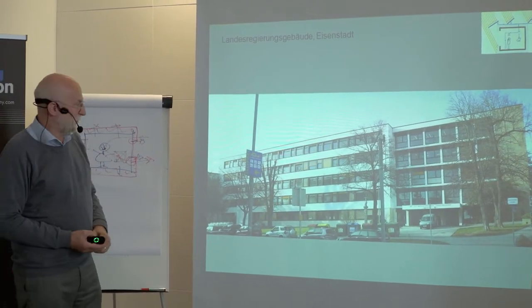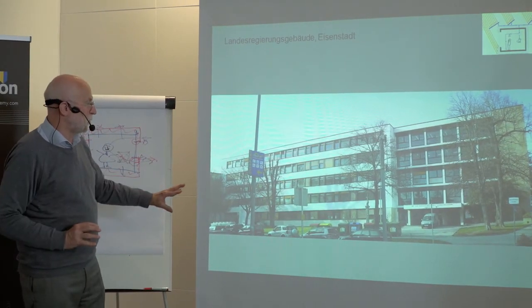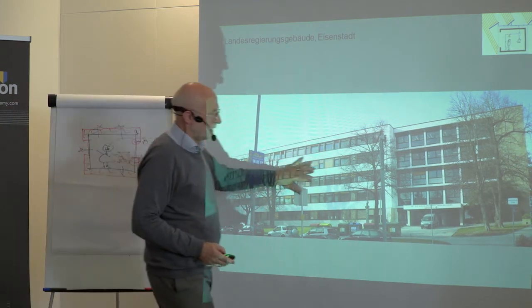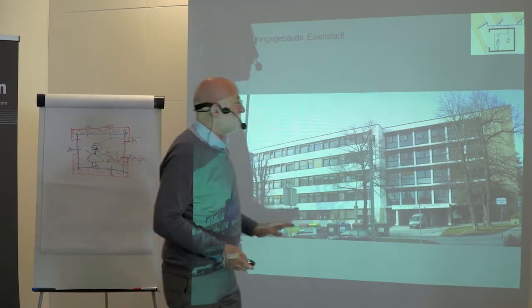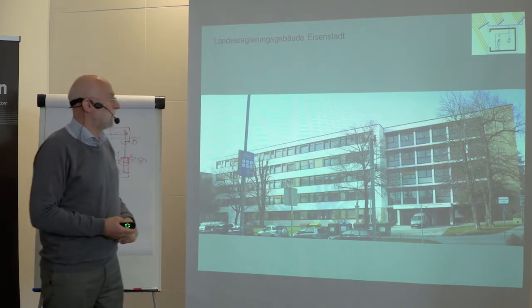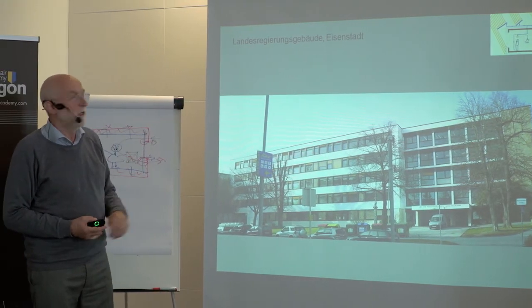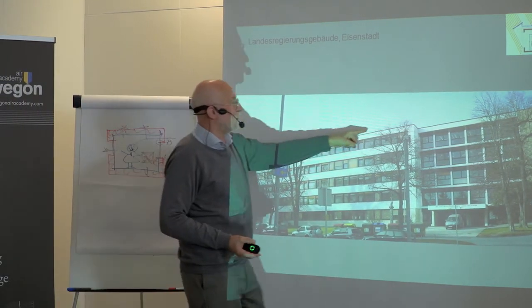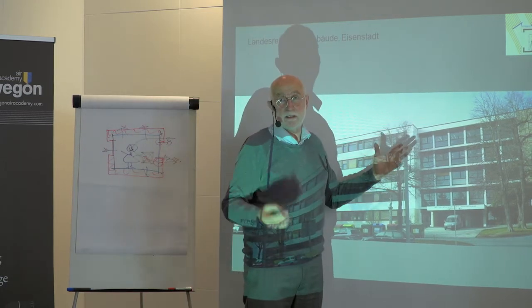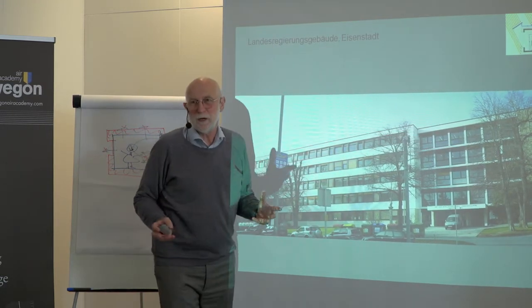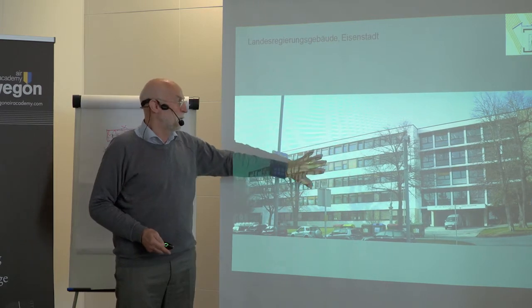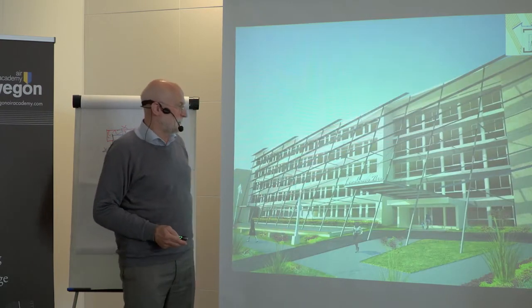Sometimes it can be quite funny to work with this solar use. It's a governmental building and the governor wanted to be a solar governor. It would have been best to put it on the roof, but he said nobody will see that I am a solar governor. Therefore, he wanted to have the PV in front of the building.